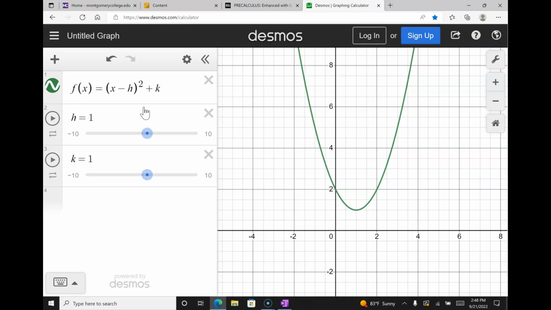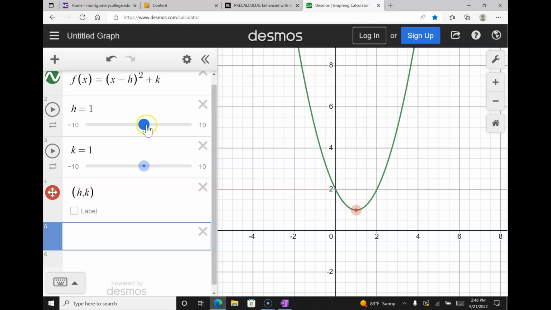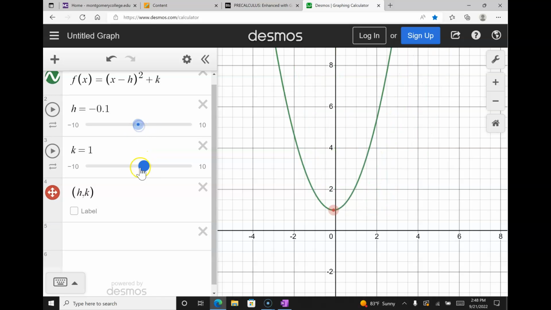Look at where the center is. This is called vertex form, by the way. You see the vertex is at what point? 1, 1, right? In fact, better yet, it's at h comma k. Let's put that point in. H comma k. Now, as I move things, look at that vertex stays there. The vertex is h comma k.